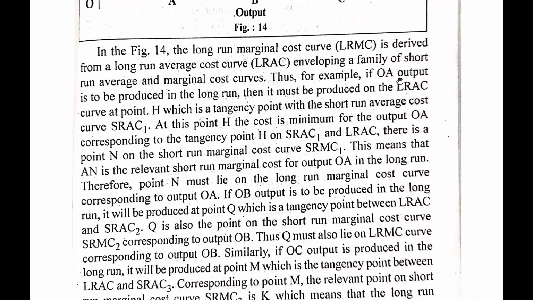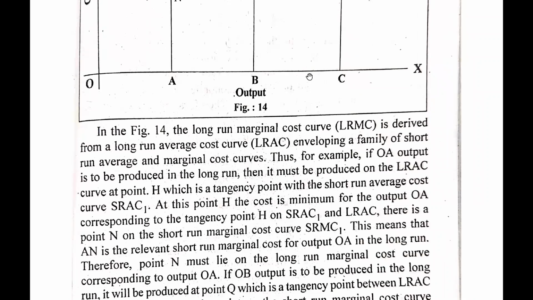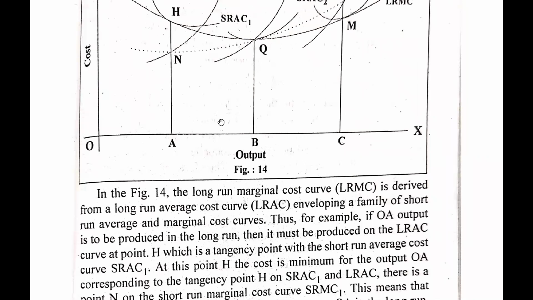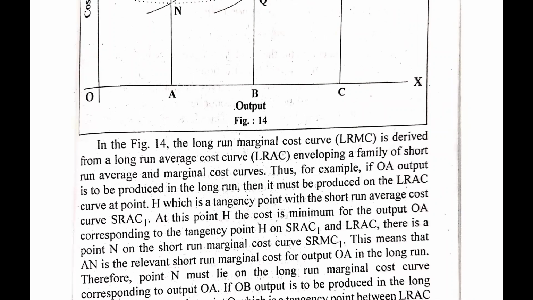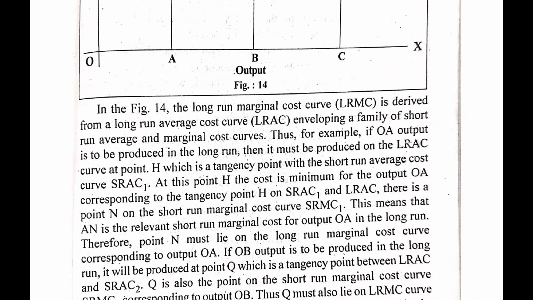Thus, for example, if OA output is to be produced in the long run, then it must be produced on the LRAC, that is the long run average cost curve, at point H, which is the tangency point with short run average cost curve 1.